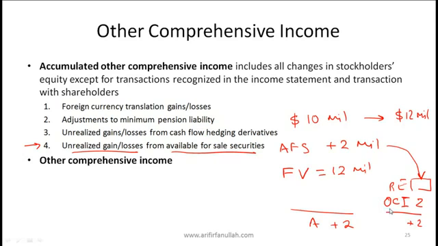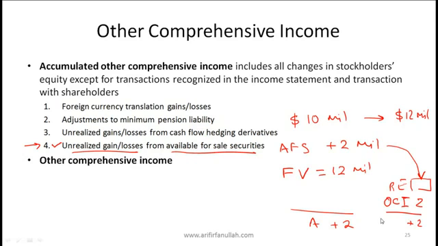So the bottom line is there are certain transactions or certain items where we record numbers in other comprehensive income. The example that I hope you understand based on what we've already covered is this one, number 4. Any unrealized gains, losses from available for sale securities are shown in other comprehensive income.